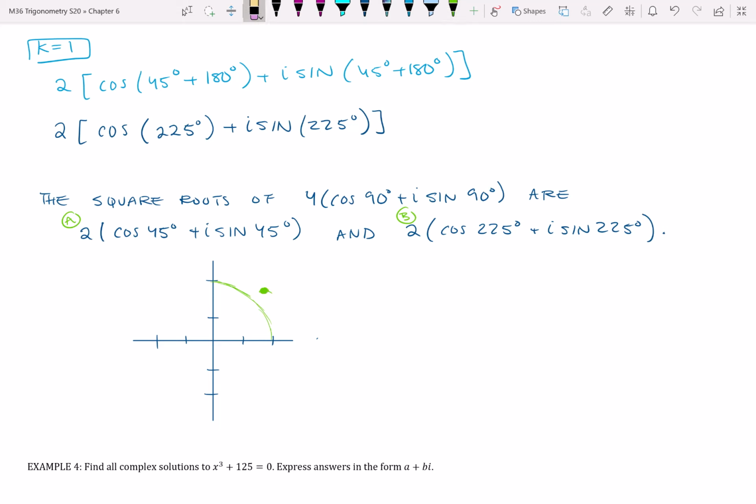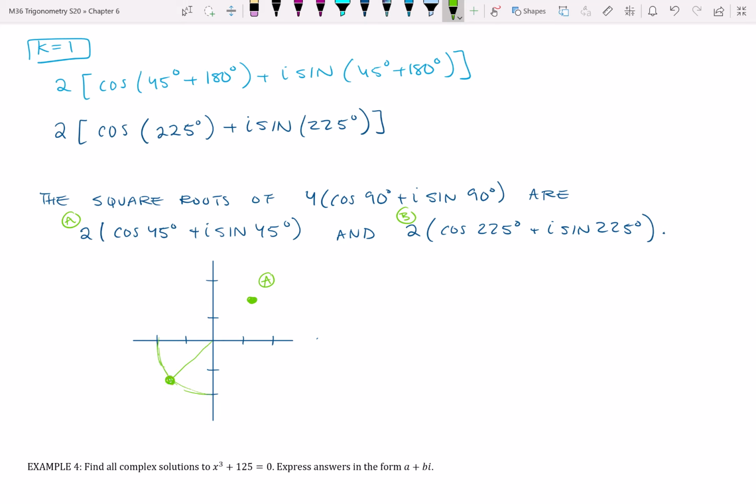So that's where that point would be. That would be A here, and then B is going to be at 225 degrees, again at radius 2. The distance from here to here has to be 2, so I'm going to use a circle here, and 225 is in quadrant 3, slicing it in half as well.